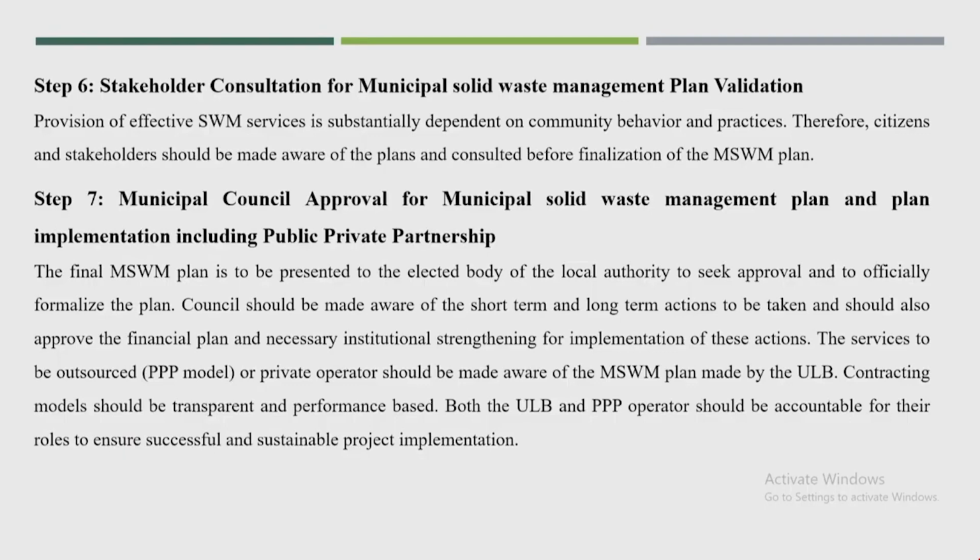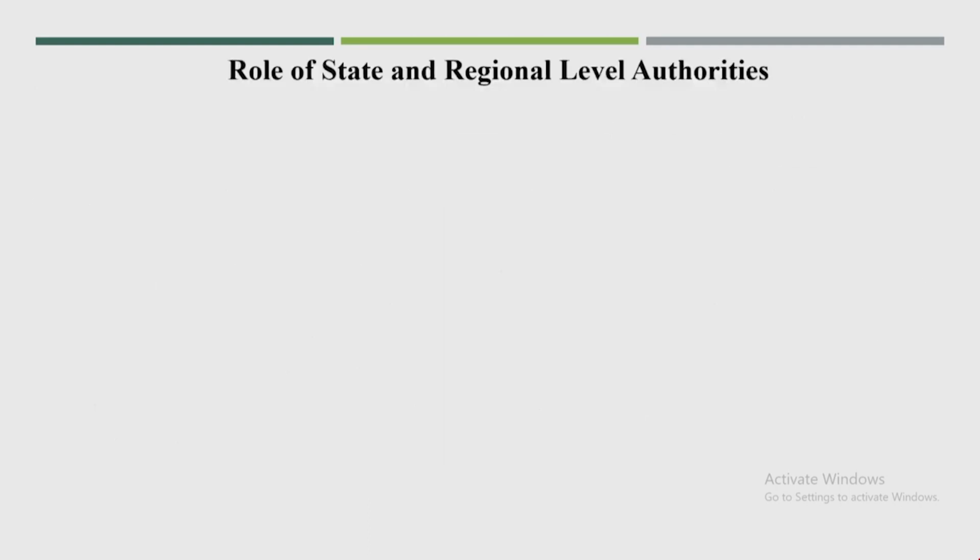Finally, once the stakeholders have accepted all the points or whatever proposal has been created by the local authority, it will go to the municipal council for approval of the solid waste management plan, and finally this plan will be accepted and implemented. So, this is the best way to prepare the solid waste management plan.